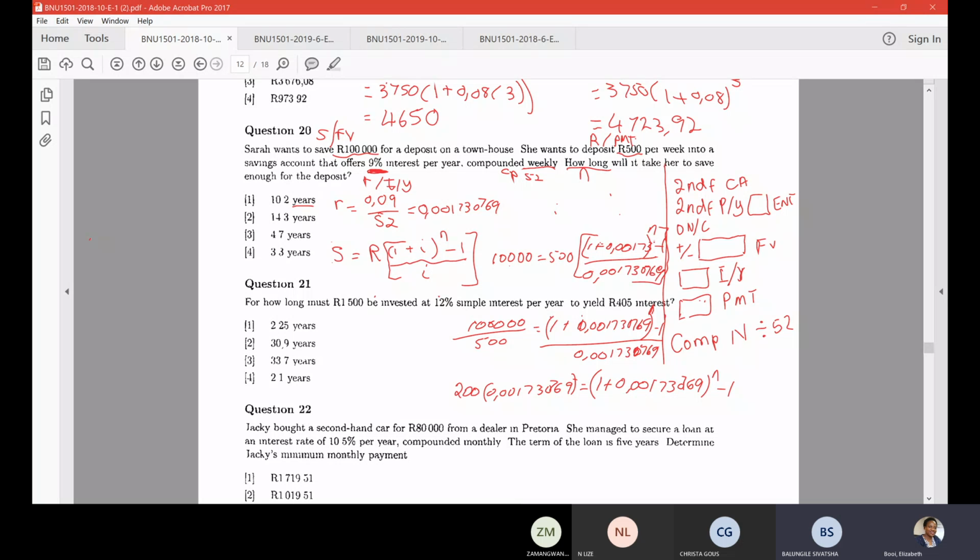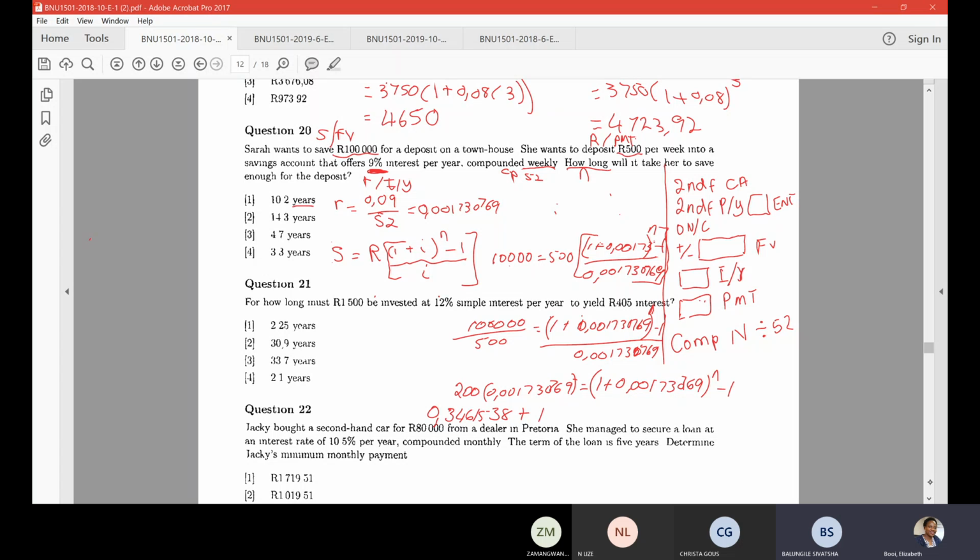So solving what is on the left will be 200 times 0.001730769 equals, and that will give us on the left 0.3461538. And if we look at this, we can take the -1 to this side.